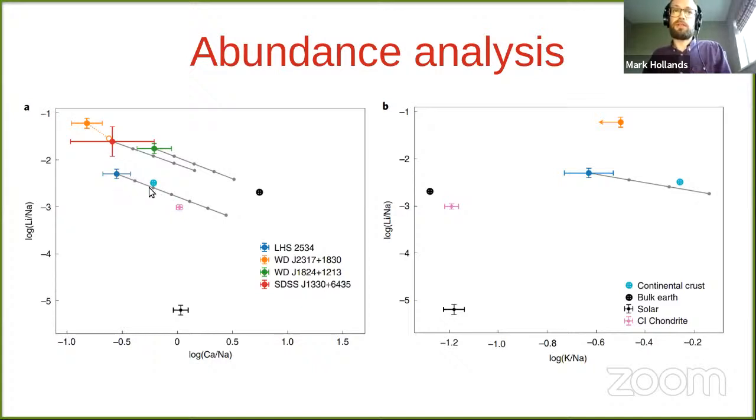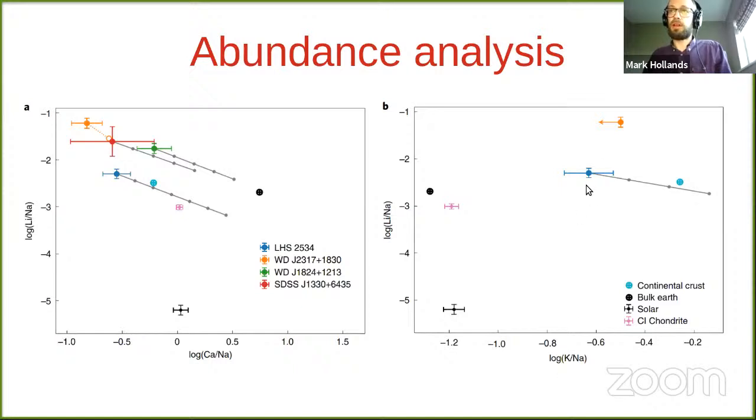We can see, say, for this star 2 million years ago, we would have had something that looks like the continental crust of the Earth. But maybe more like 4 million years ago, it would look closer to chondrites. And maybe these objects could potentially have looked like the Earth in the past. And so the question is, what kind of planetary objects could have produced these kinds of abundance patterns? We only really can explain that with LHS 2534, where we have a potassium detection as well.